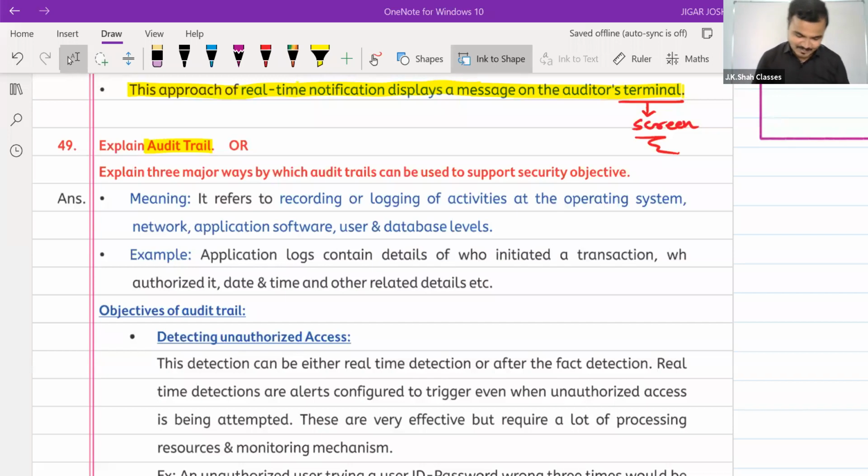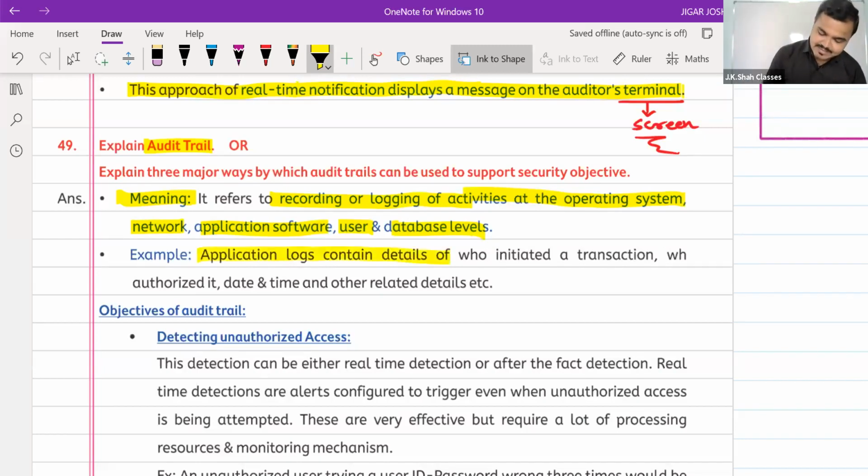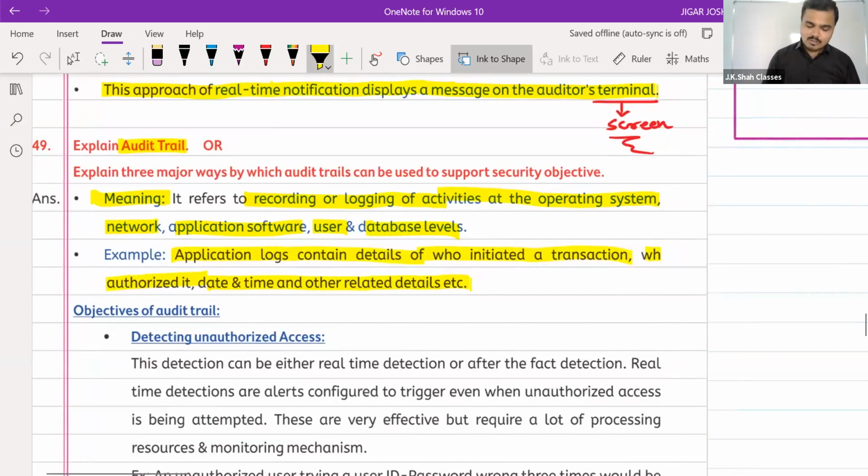Let's continue our journey, people. Meaning, it refers to recording or logging. Logging means what? It's not login, huh? It's logging. Logging means recording. Again, keeping the records of all the activities at the operating system level, at the network level, application software level, user and database level. Agree? Yes, sir. Second example, the application log contains the details of who initiated the transaction, who authorized it, date and time, and other related details also.